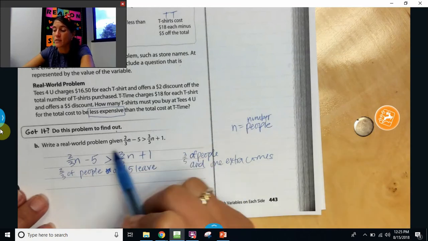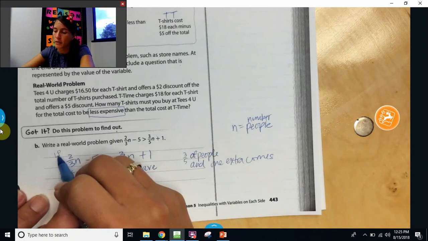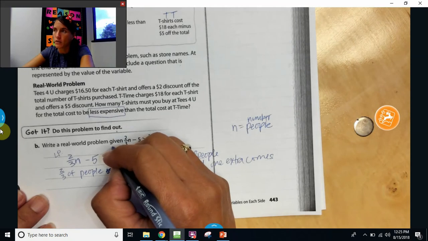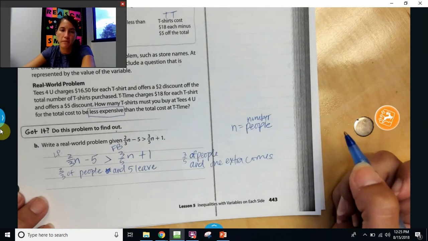So again, this number of people we'll say is Logos Prep, and this number of people is another school. We'll call this Fort Bend.